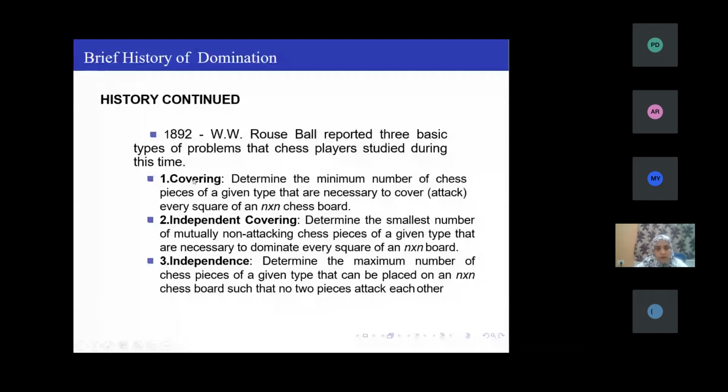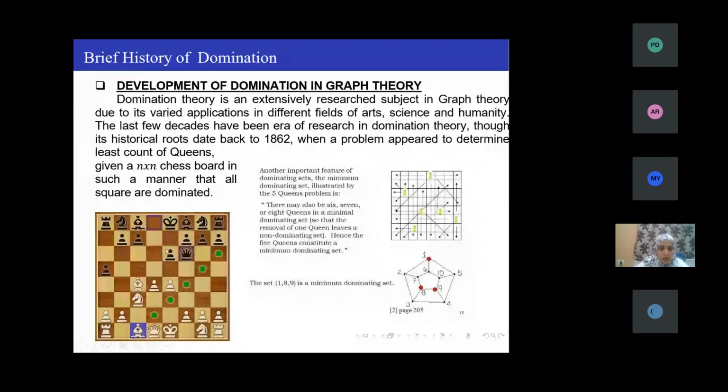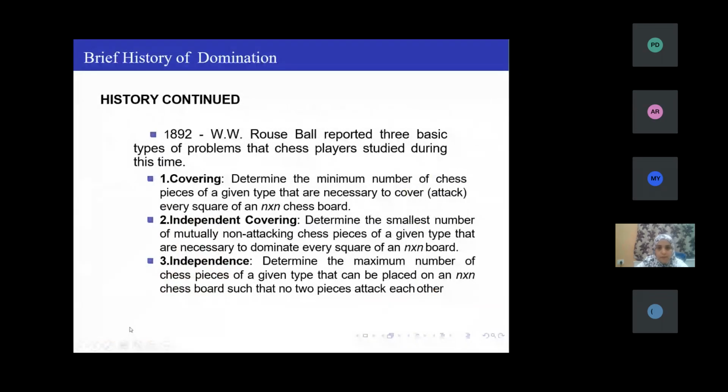In the previous slide, we can see this particular queen can cover 1, 2, 3, 4, 5. If we consider this queen as a vertex, then this vertex can dominate up to 5 other vertices. It is connected to the 5 vertices, meaning the covering number of this queen vertex is 5.